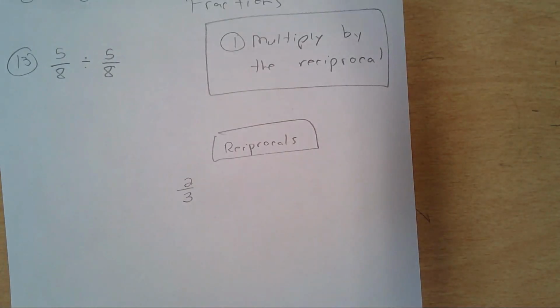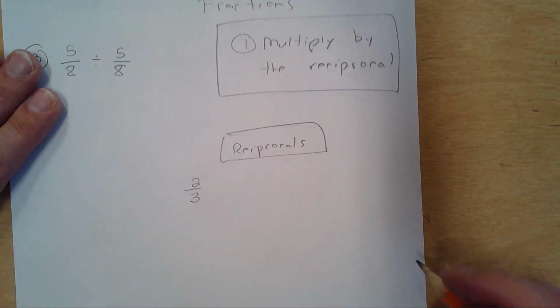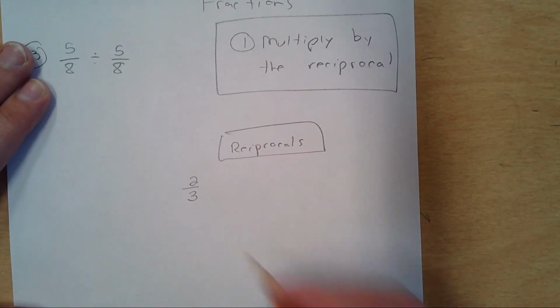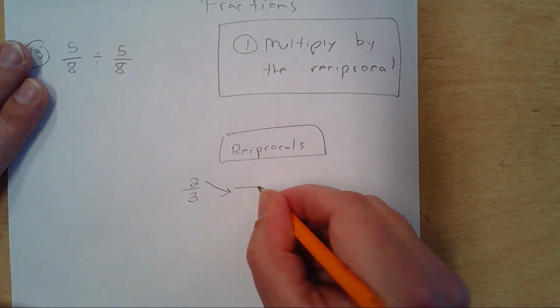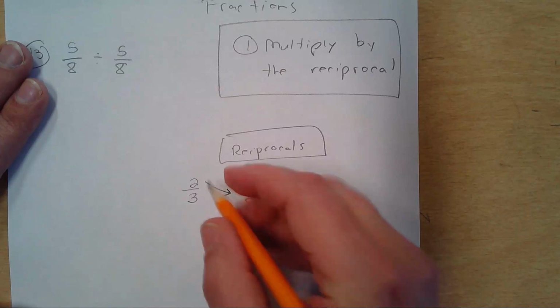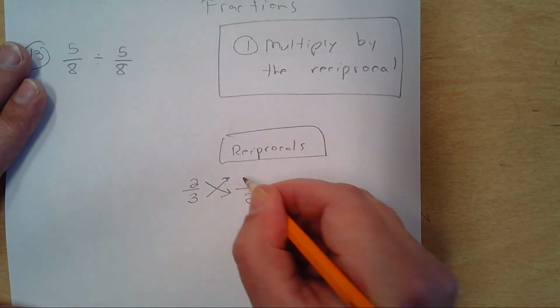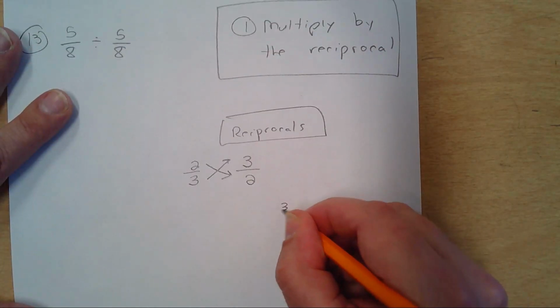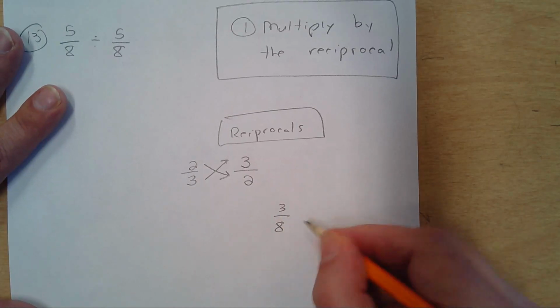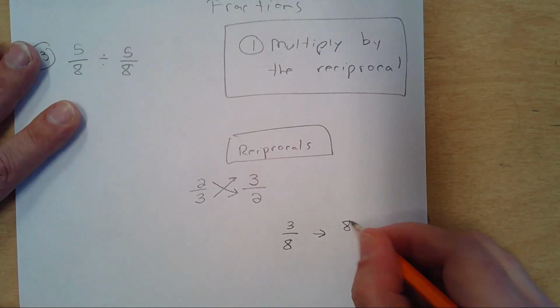To find a reciprocal, all you need to do is take your fraction, and whatever number is on top goes to the bottom, and whatever number is on the bottom goes to the top. So if I said, what's the reciprocal of 2/3, you would say 3/2. If I said, what's the reciprocal of 3/8, you would say 8/3.